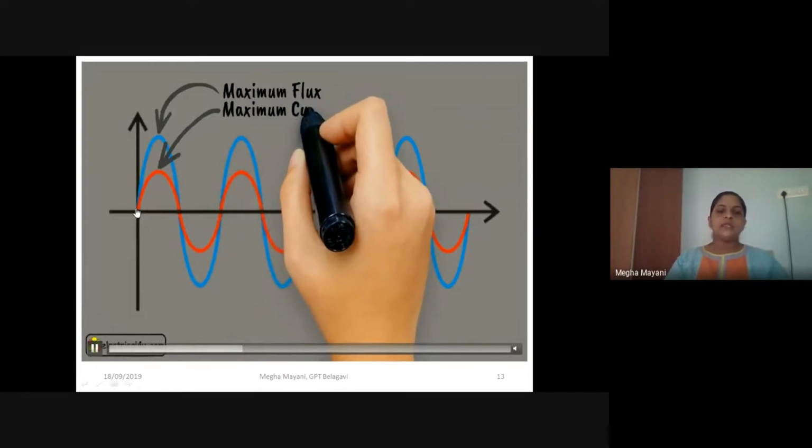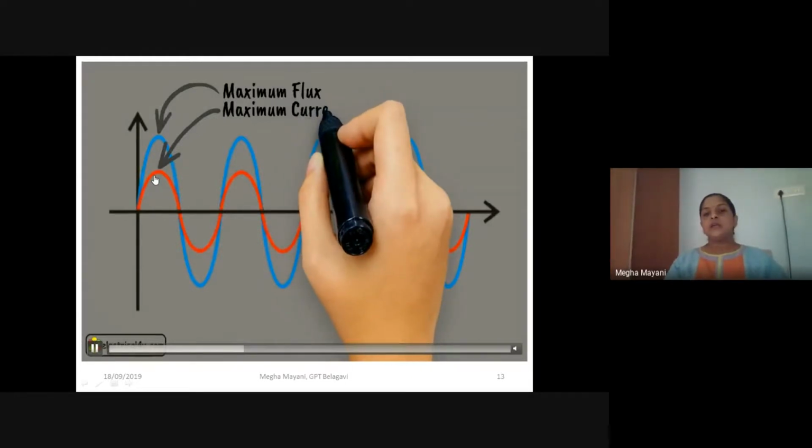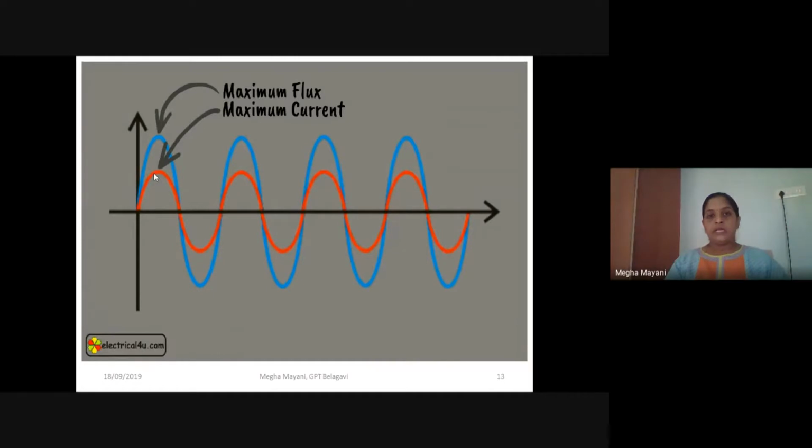Since the applied voltage to the coil is alternating type, particularly a sinusoidal alternating quantity, the flux variation is also sinusoidal, and that results in the current variation too. Now you have a maximum flux which corresponds to the maximum flow of current through the coil.